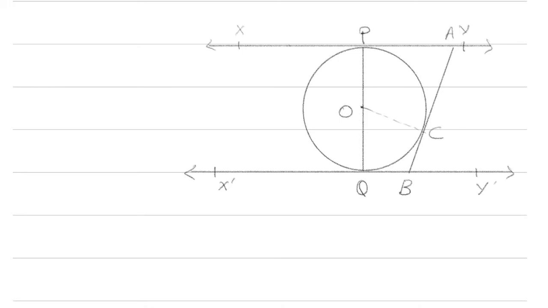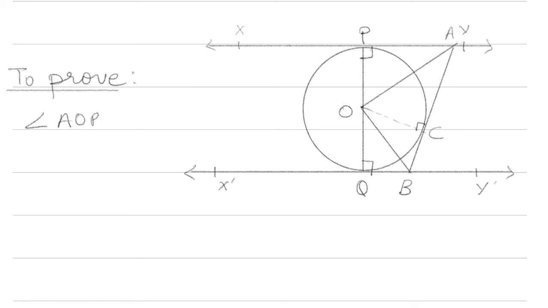So this will be 90 degree, this will be 90 degree, and this angle will be 90 degree. And we are given these lines OA and OB, and we have to prove angle AOB is equal to 90 degree.